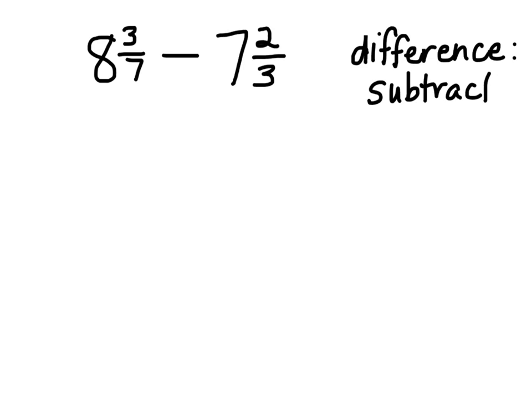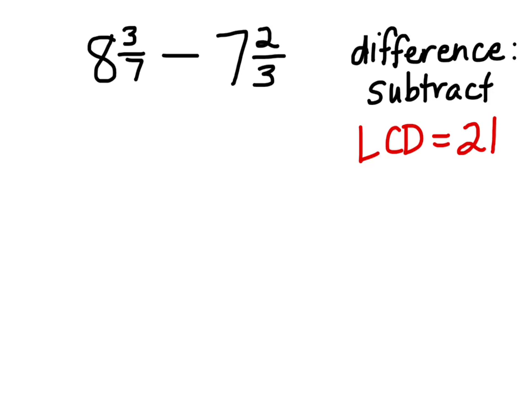So we are going to subtract these two, and in order to do that, I need to once again find my least common denominator. For 7 and 3, your least common denominator is the smallest multiple of those two, which is 21.